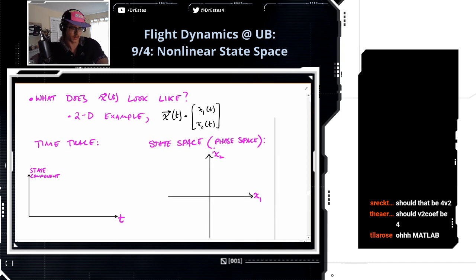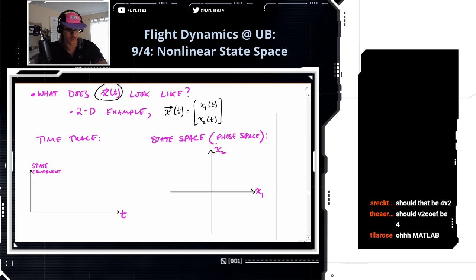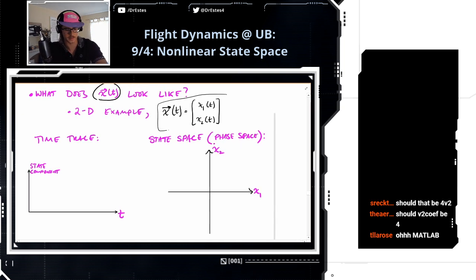So when you solve these state space equations, that gives you the state vector as a function of time. So what does the solution look like? Usually, let's say we have a system that has 2 states, like our examples that we did, which were second order. If we solved either of those equations, that would give us state 1 as a function of time and state 2 as a function of time.